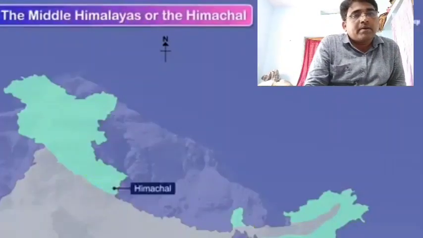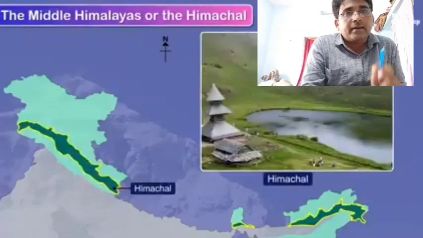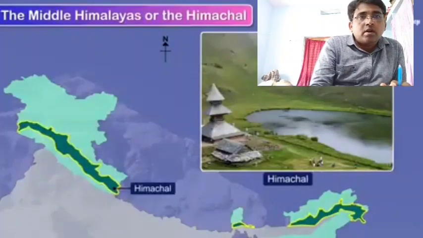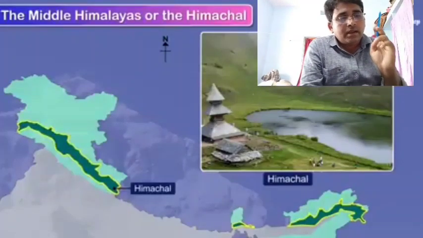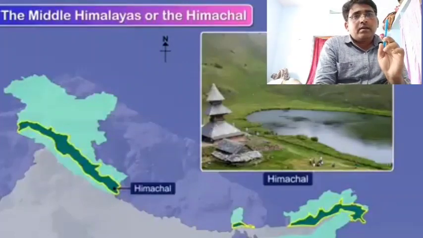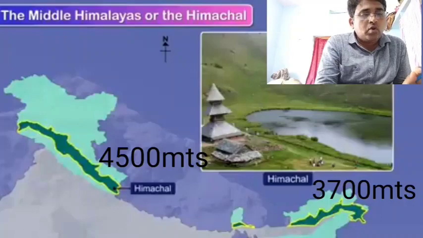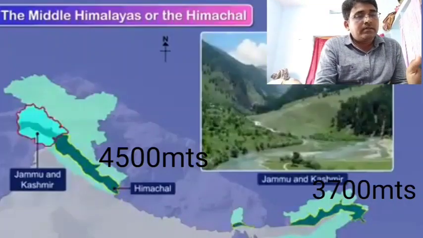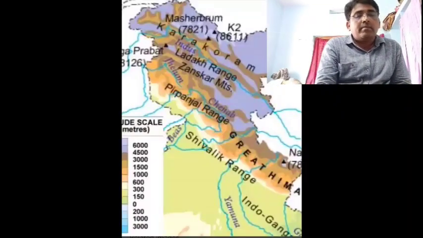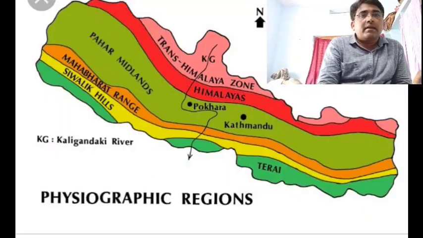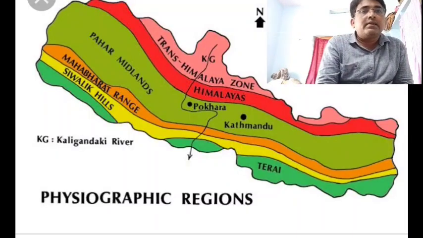Next one is Himachal. The southern part of the Greater Himalayas is called Himachal or Lesser Himalaya. The height of these ranges is from 3,700 meters to 4,500 meters. Pirpanjal and Mahabharata ranges are important in these ranges.